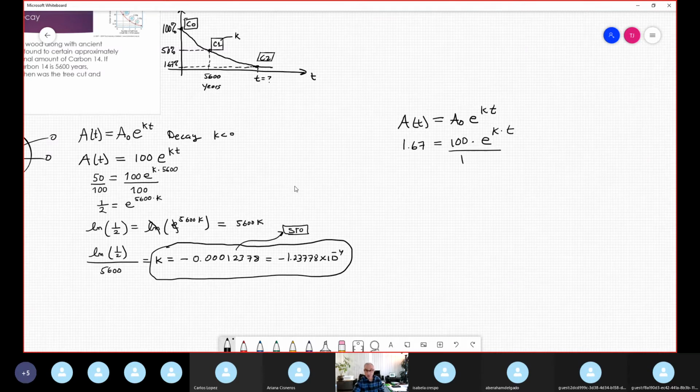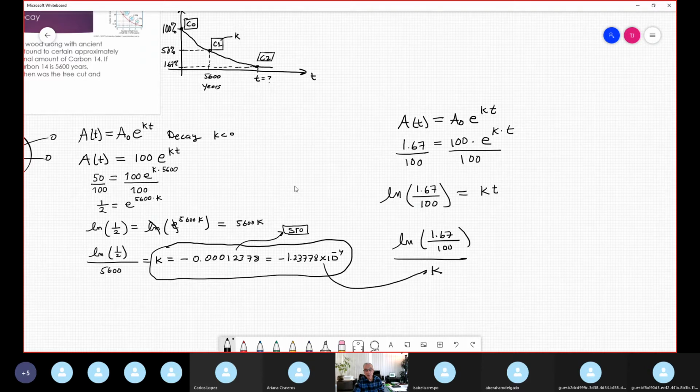First of all, divide by 100. Apply logarithm of both sides. Logarithm of 1.67 divided by 100 is equal to k t. Now t alone is logarithm of 1.67 divided by 100, divided by k, and I know that k is that number. And that gives me the answer.